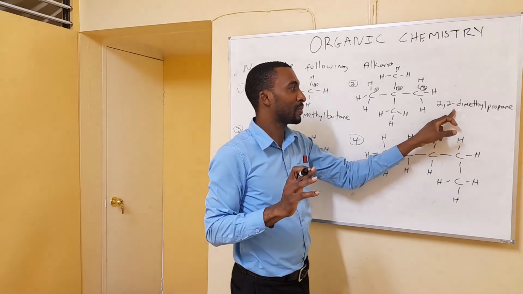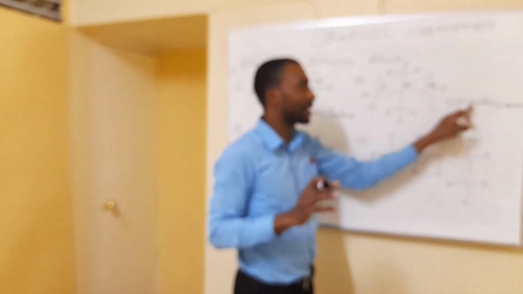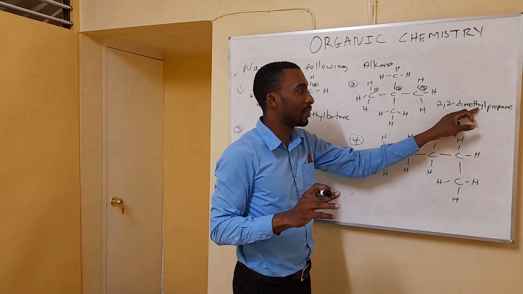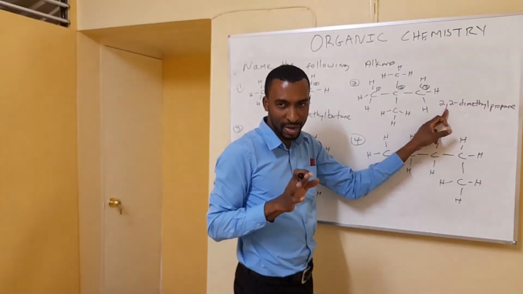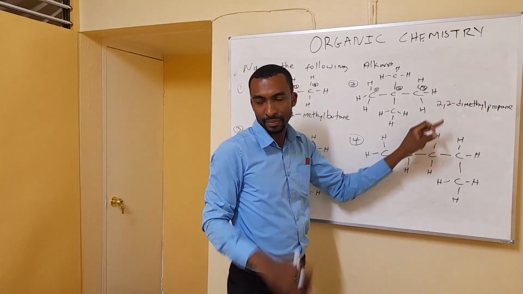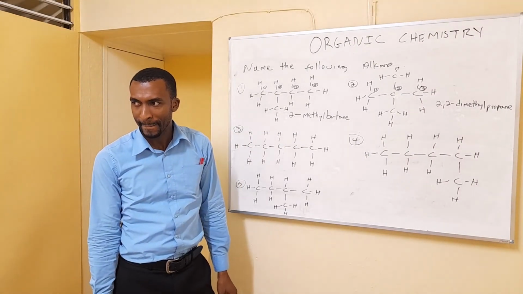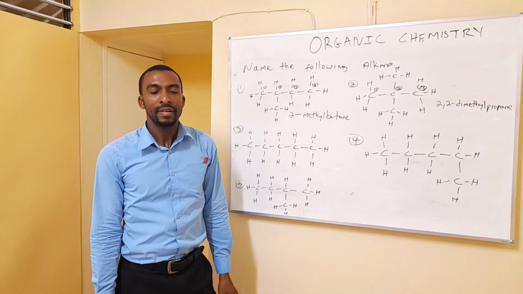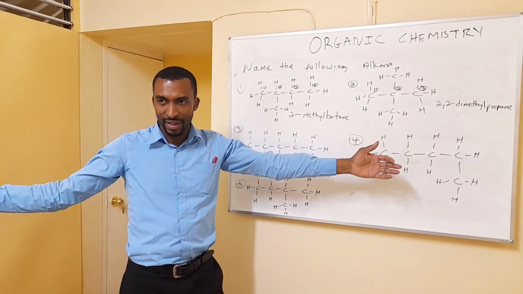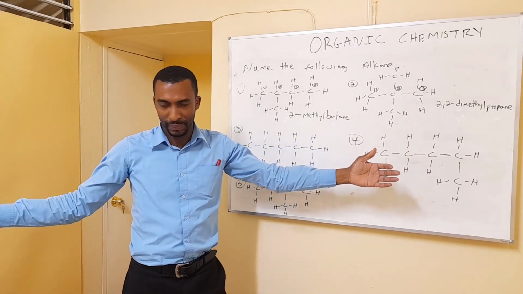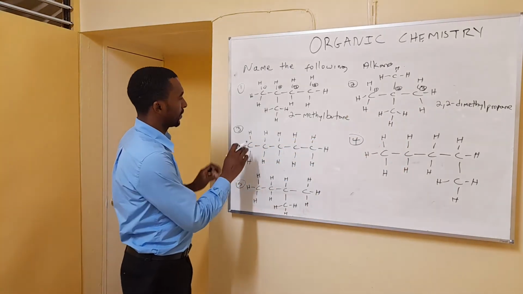We cannot just put 2-dimethyl. We have to put 2,2-dimethyl, indicating that both methyl groups are on the same carbon atom. In other words, one of the branches would have been at 3 if the longest chain was longer. Okay. Good.